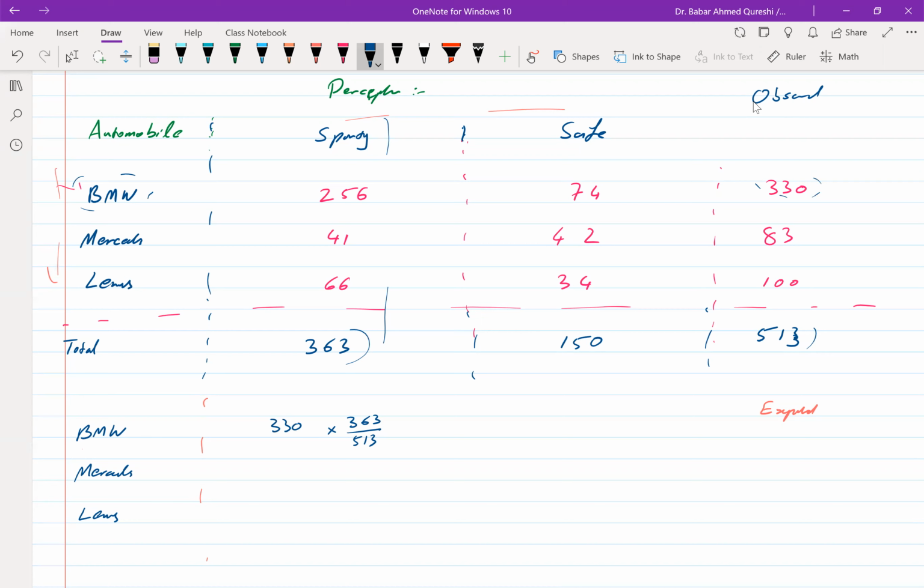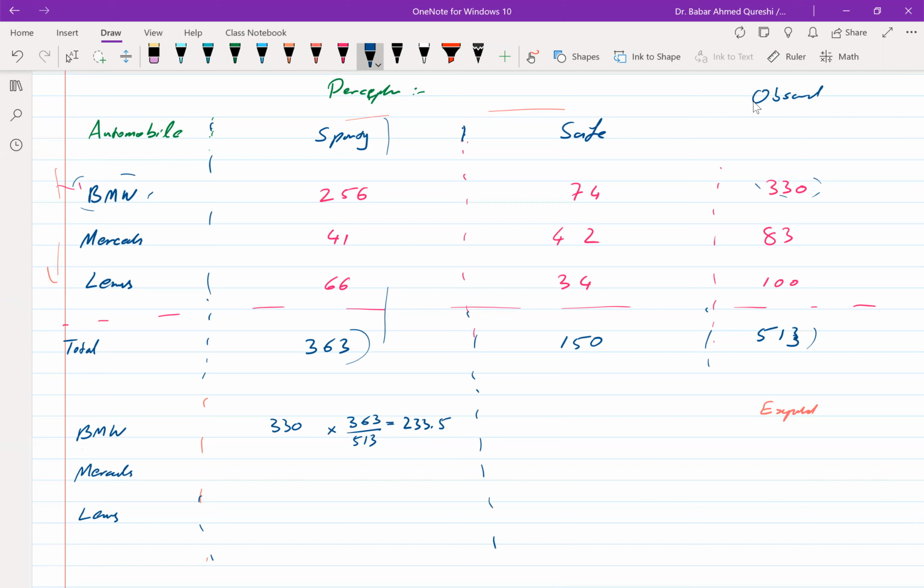So this would be the expected number which I will expect. So that comes out to be 233.5. Similarly, what would be this number?